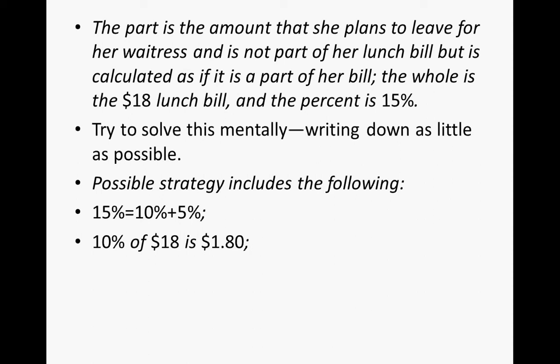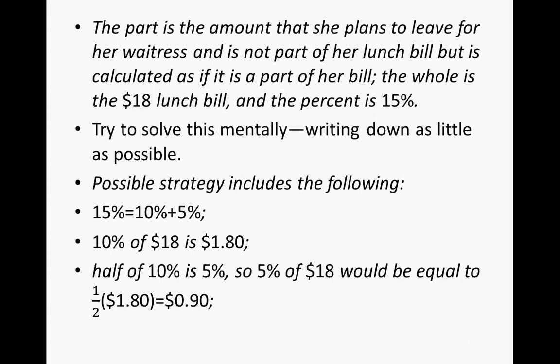Move the decimal point and you get $1.80. Well, half of 10% is 5%, so 5% of 18 would be equal to half of $1.80, which is 90 cents. Therefore, $1.80 plus 90 cents is $2.70.